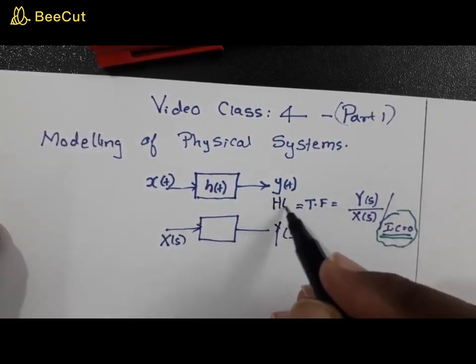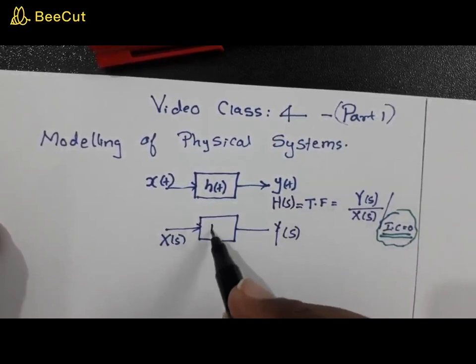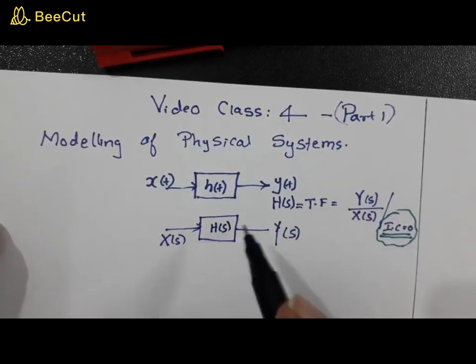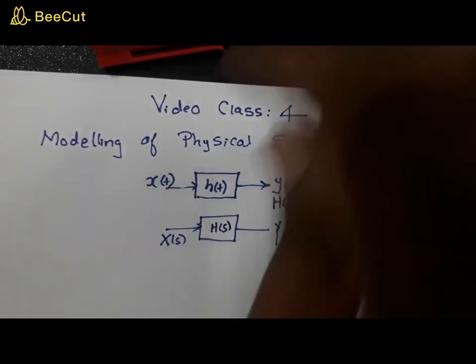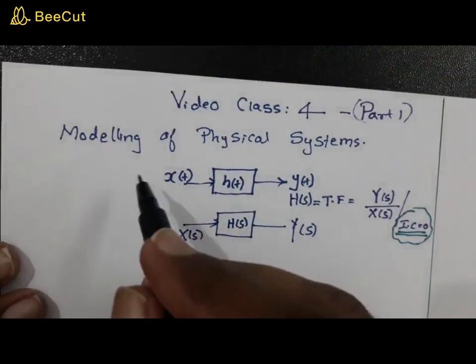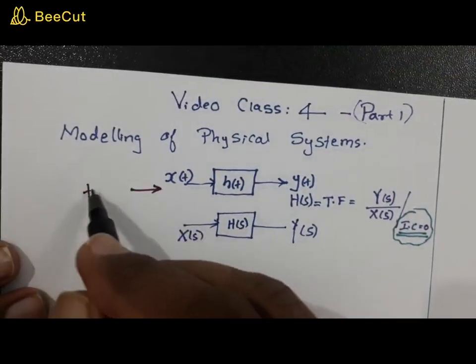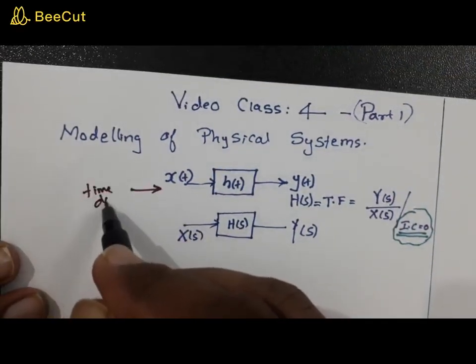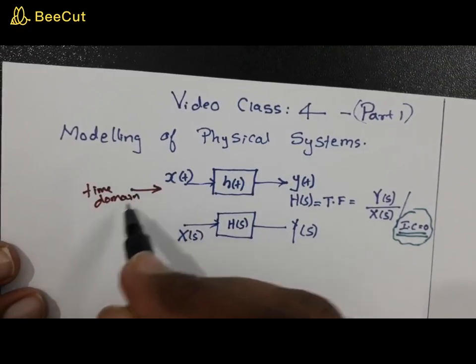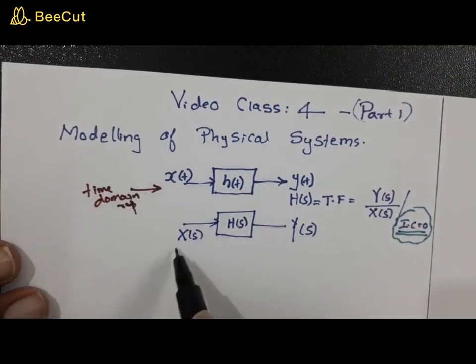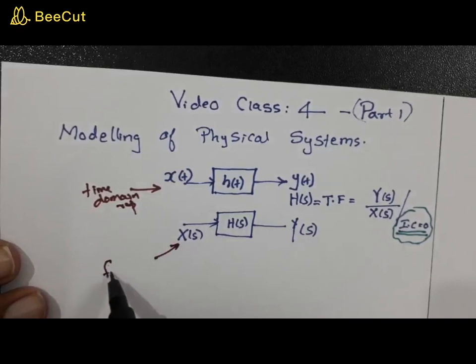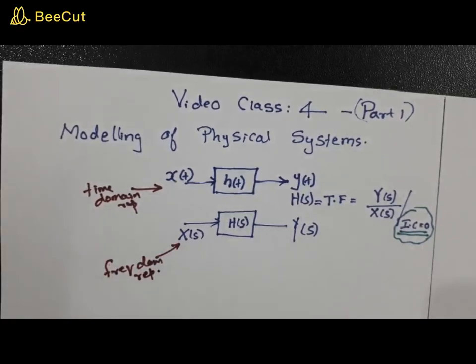The transfer function will be capital H of s. So, you can replace this by H of s. So this is the time domain representation, while this block is the frequency domain representation of a system.